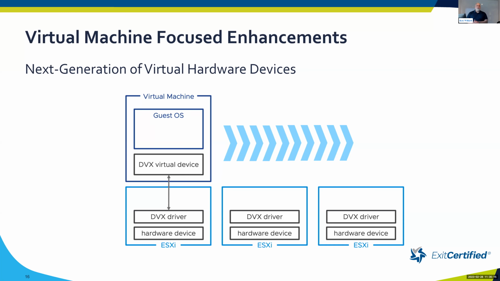Disk and memory snapshots sometimes do not work well with those PCIe direct IO mapped devices. So this will help us have much better support for those functions, as well as when we think about doing things like DRS, rebalancing our workloads, or high availability services being able to restart VMs in the event of a host failure. This is going to give us much greater control.